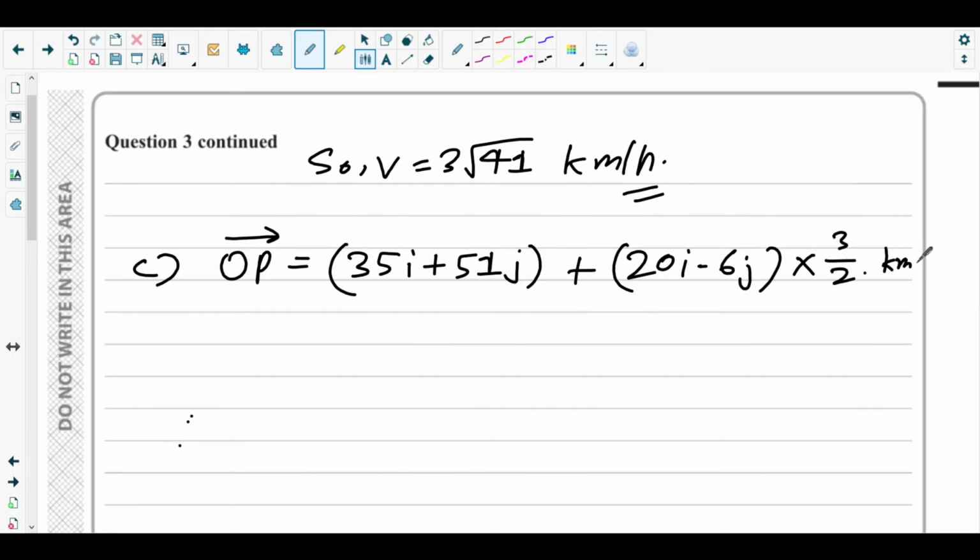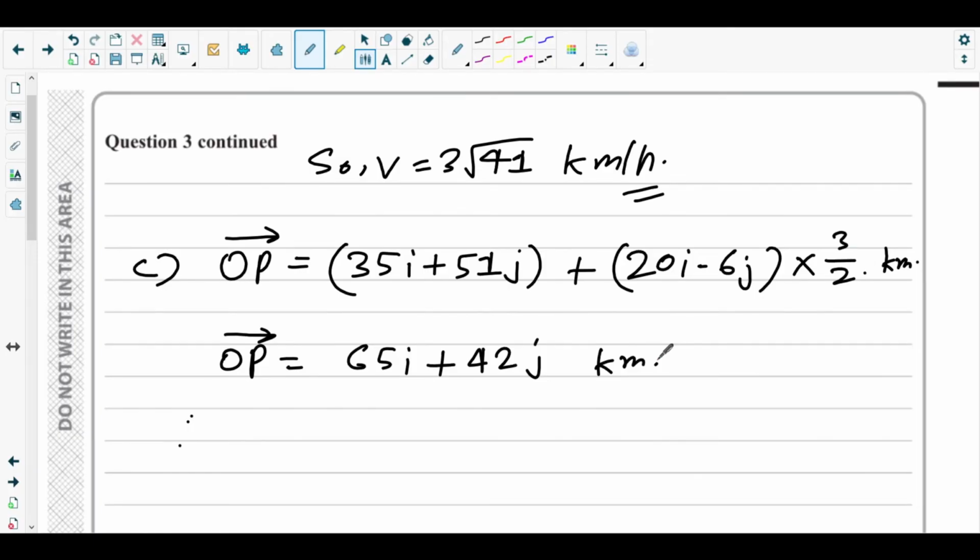This will be the position vector of point P. So 20 times 1.5 is 30, and 30 plus 35 is 65i. Then 1.5 times 6 is basically negative 9, so 51 minus 9 is 42j.